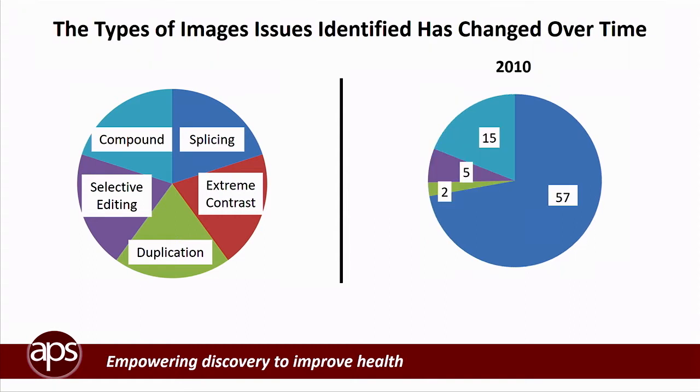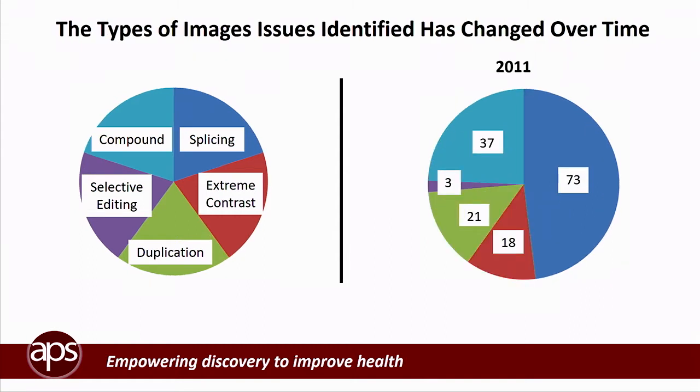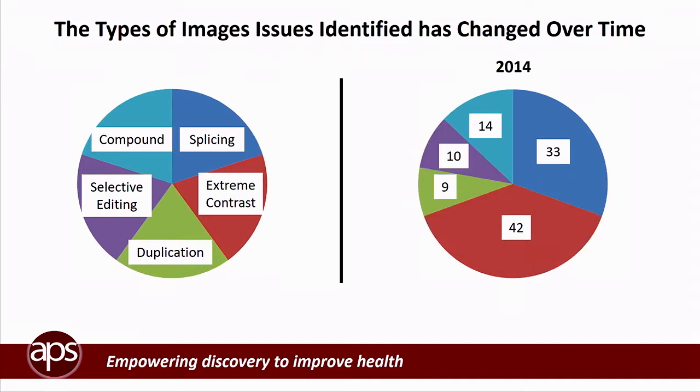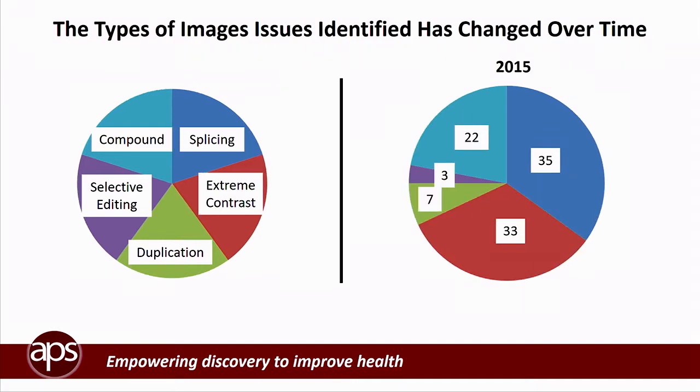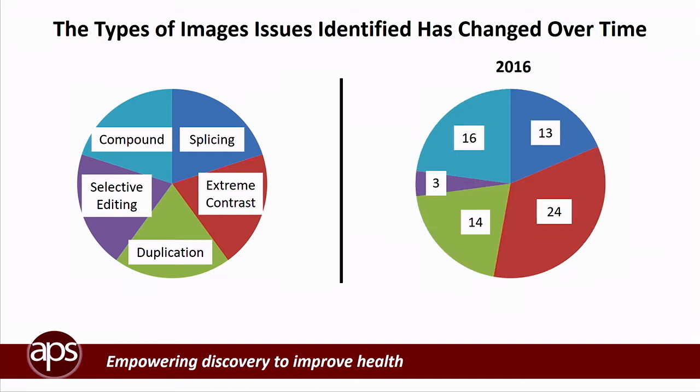However, as time went on, they became more savvy at identifying that extreme contrast adjustment was another way to mask modifications. And so now it's quite common for us to identify errors related to splicing and also extreme contrast adjustment. And we always have our handful of duplication and selective editing, but those vary year by year.